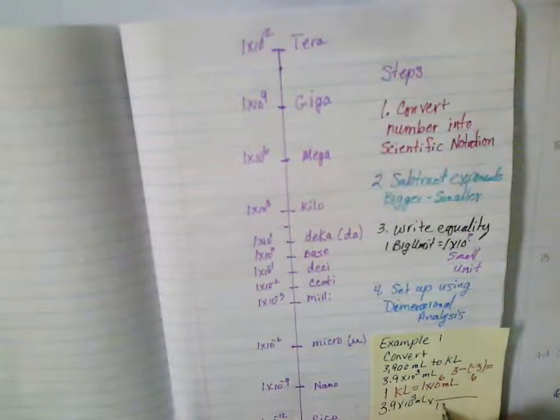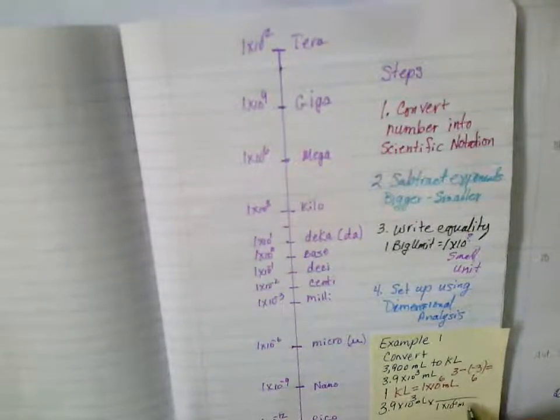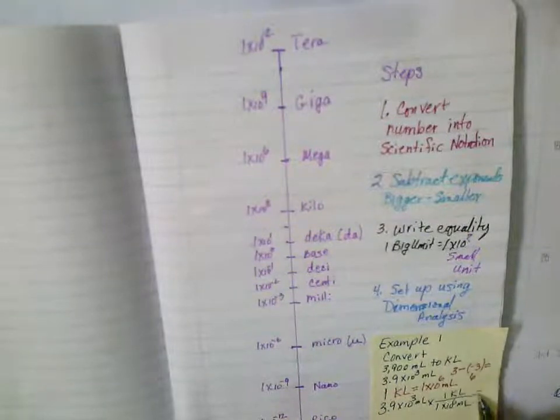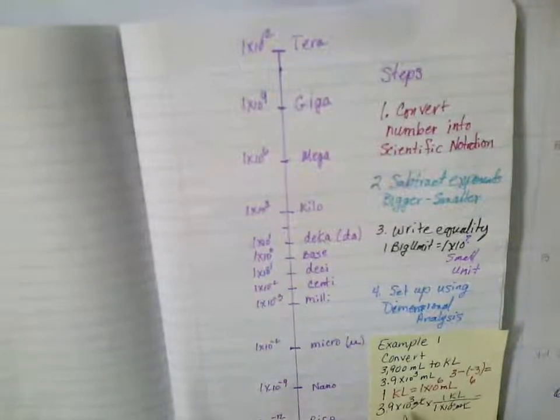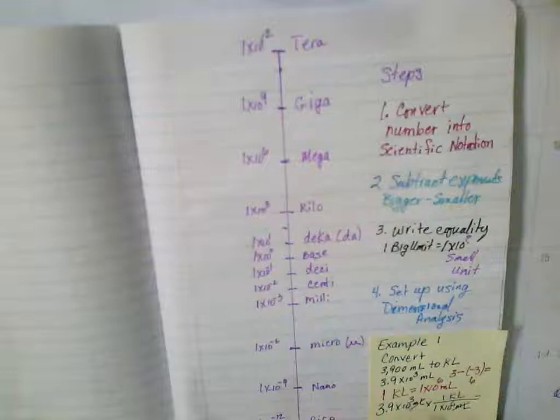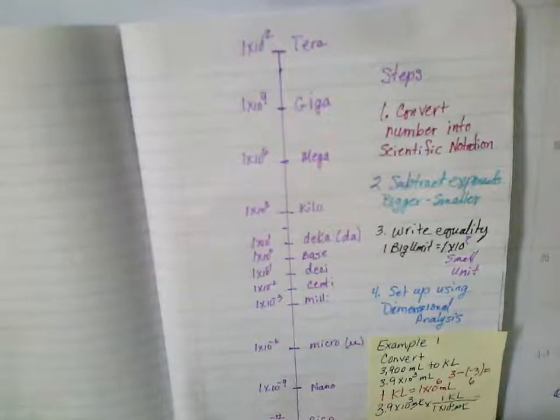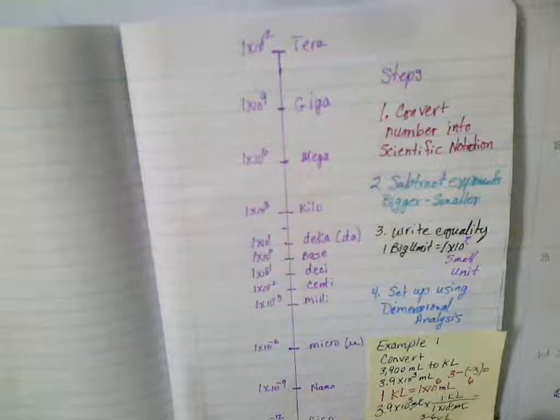It's going to be 1 times 10 to the 6th milliliters, and 1 kiloliter goes in the top. This is the unit I want to end up in, and I want this one to cancel out. So now, since this is in the numerator, I'm going to get 3.9 times 10, and I'm going to take 3 minus 6. My unit is kiloliters.